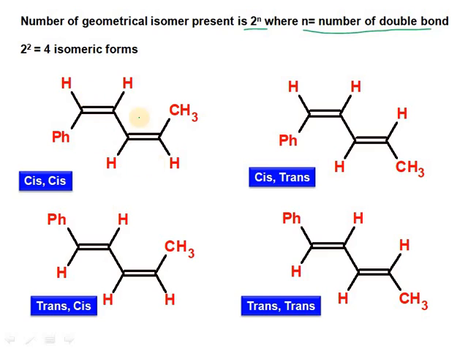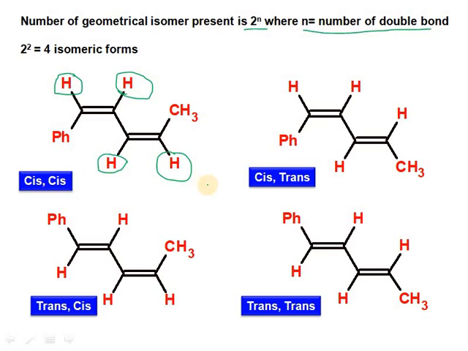Now the first example is here. It is cis, because these two similar atoms are on the same side.